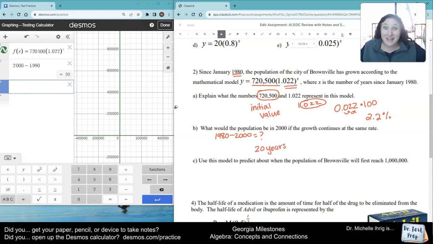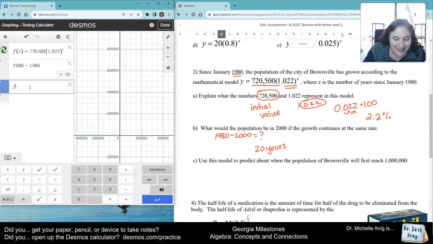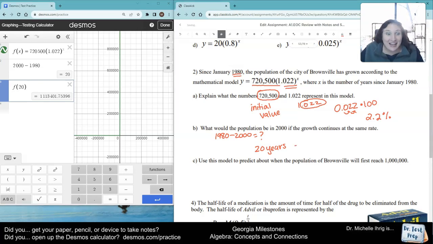Now, because of that f of x trick I showed you, all I'm going to do in here is put f of 20. And that's the answer: 1,113,401. And I'm not going to round up. You can't have 0.75 of a person.